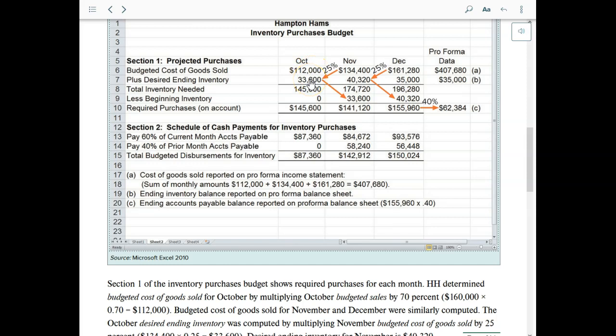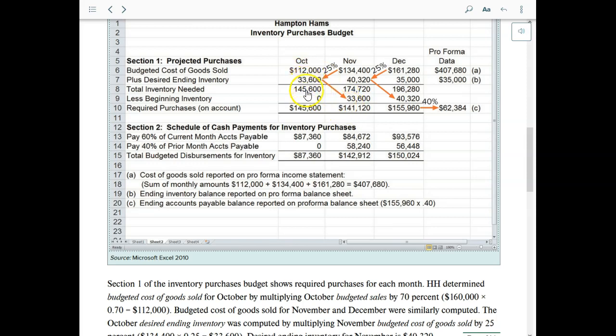They also said they would like to have 25% of the next month's inventory at the end of October. So whatever they expect to sell in November, which is $134,000, 25% of that needs to be here at the end of October. So we can start the month off in November with plenty of inventory and ready to make sales.